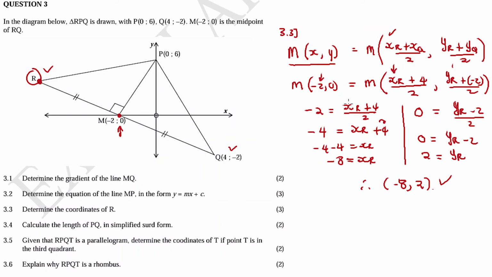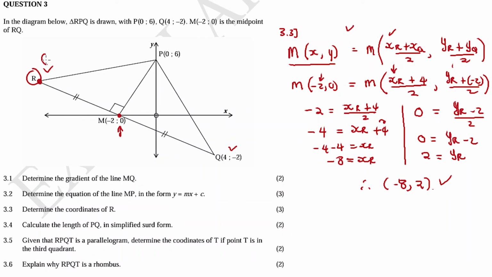Okay, this was a nice discussion for this question, because if ever they want you to calculate unknown coordinates, you must look at what they give you. You can use a gradient, yes, but it is much quicker if you want to calculate one unknown coordinate.